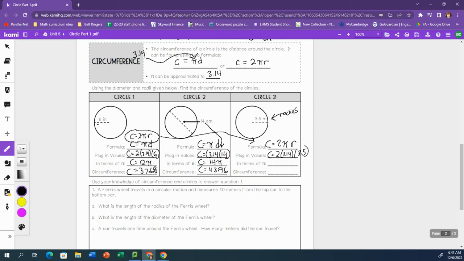In terms of pi, we could say C equals, so we'll do 2 times this, 7 pi. Or we can go ahead and multiply it out using 3.14 for pi, and that would be C equals 21.98.